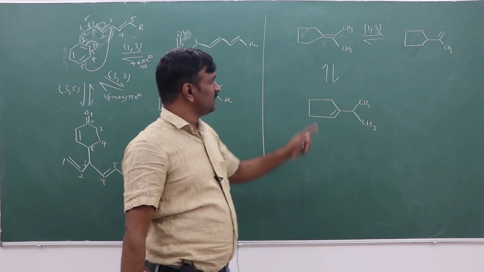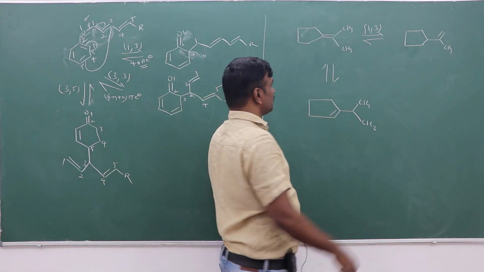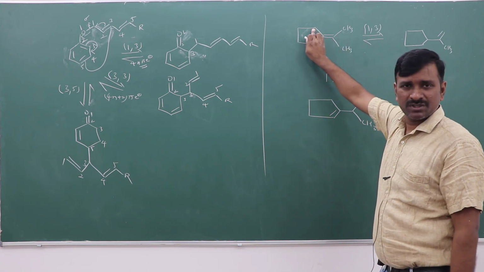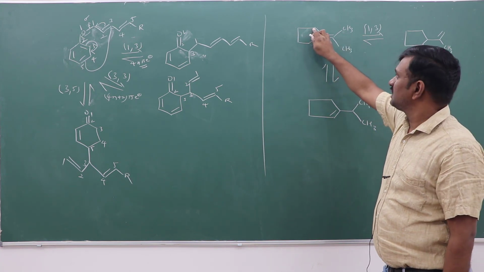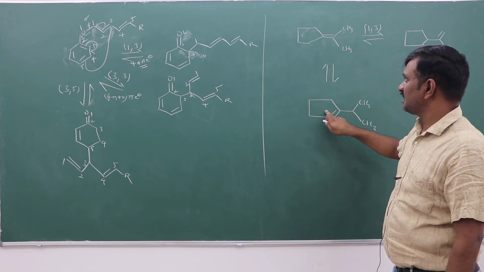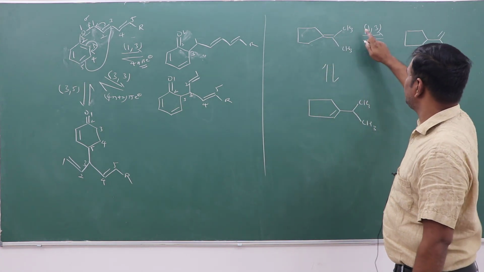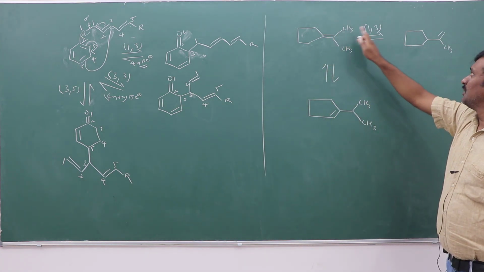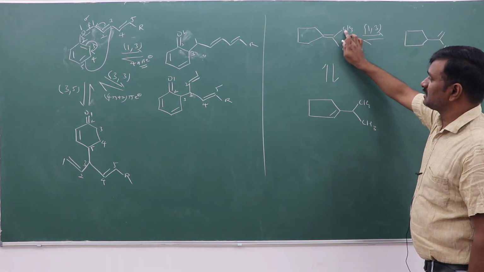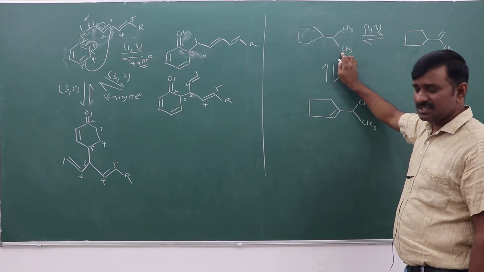Right? So here, this is the unsaturation. With respect to the unsaturation, the saturated positions are these two, and these two are the saturated positions. So the attached group is the migrating sigma bond, suppose you can take. Here it is migrating sigma bond from this position. Suppose these two positions, you can take them as saturated positions.